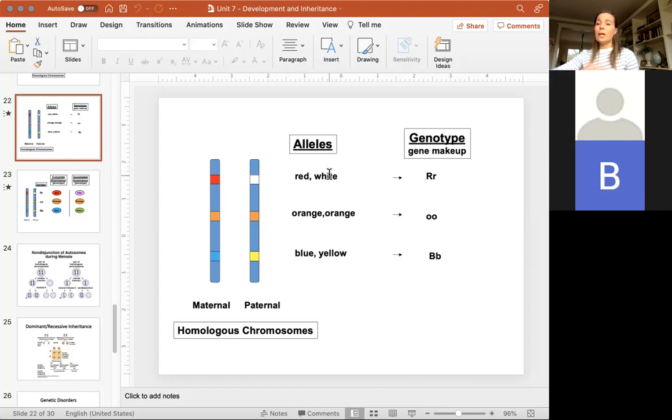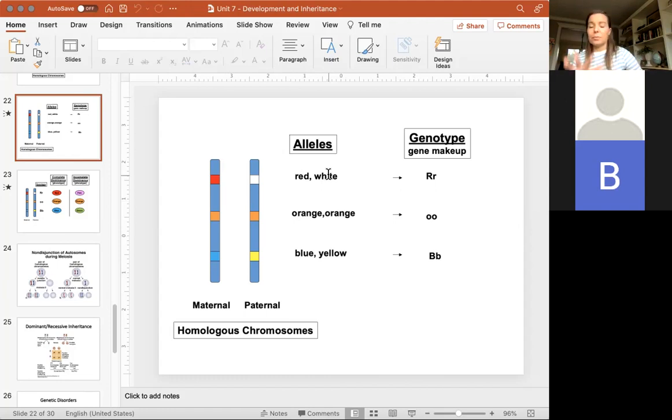The dominant one completely covers up the recessive allele. So with dominant and recessive inheritance, it's not that you see a combination of the two alleles. One completely takes over the other one. So in this case, the red allele is dominant over the white allele.